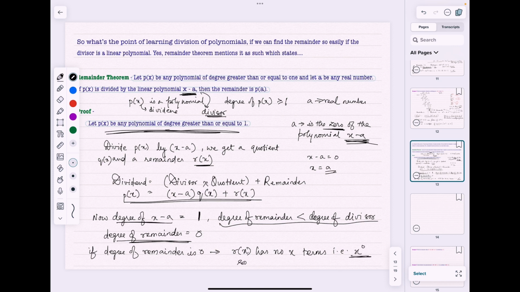So r(x) is a constant. Are you getting it? The degree of the divisor is 1, and the degree of the remainder should be less than that, so it should be 0. I've already talked about it in the first video also: if the degree of a polynomial is 0, it is a constant polynomial, because it only has the number part and does not have the variable part. So r(x) is a constant.